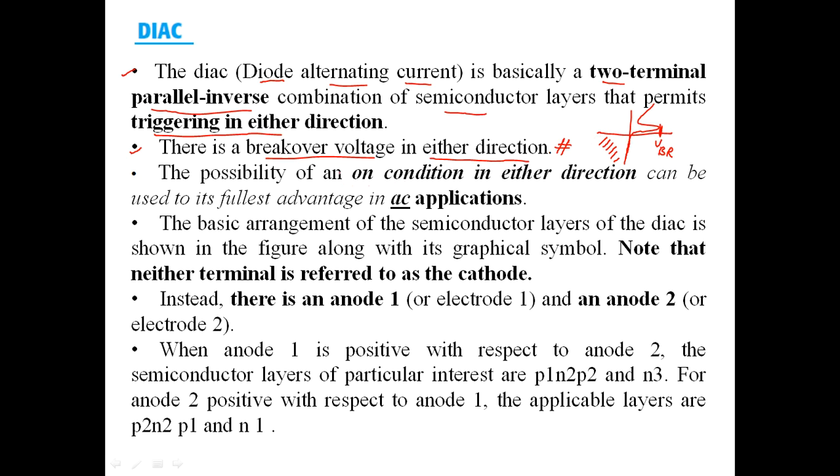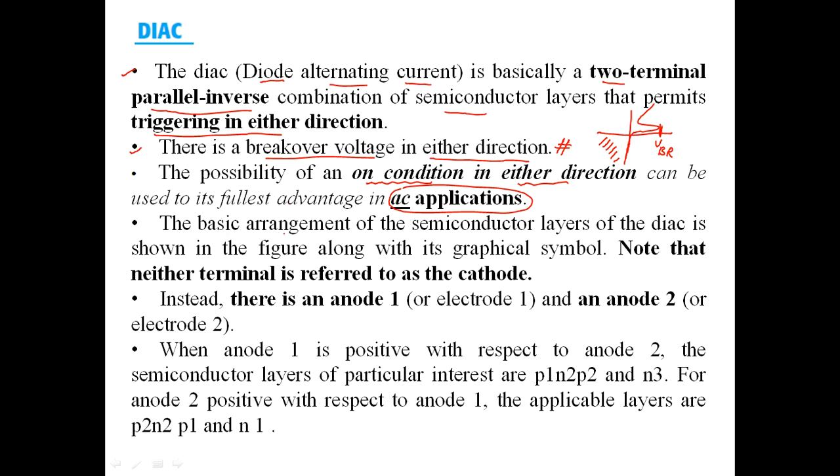The possibility of an on condition in either direction can be used to its fullest advantage, especially for AC applications. If somehow we are able to obtain the SCR characteristics even in the third quadrant, then that graph can be used especially for AC applications.